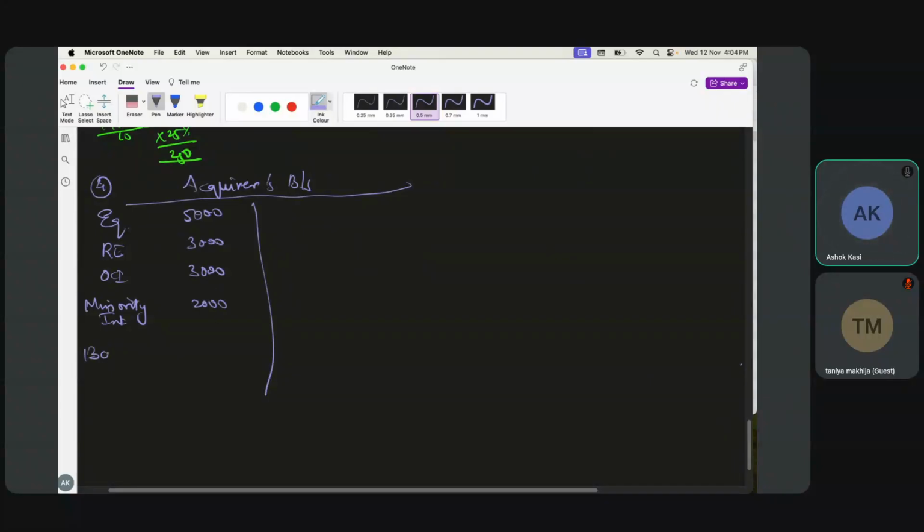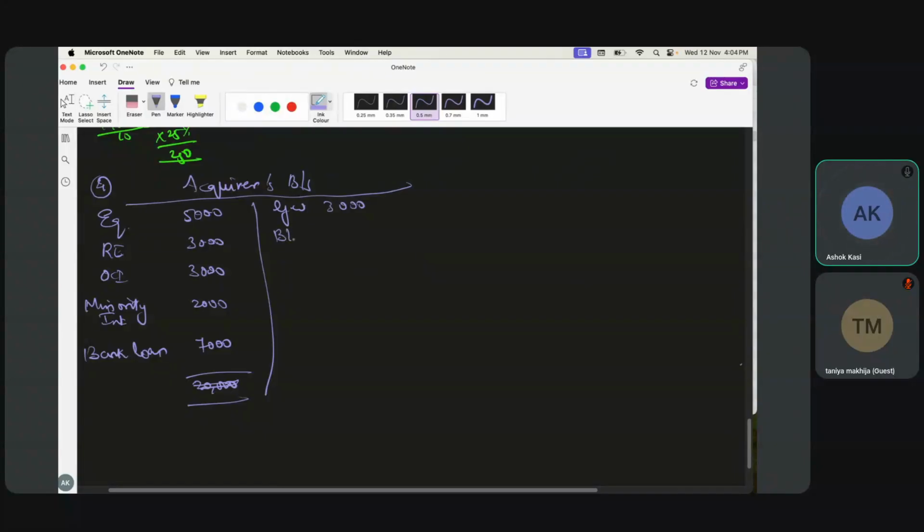Bank loan. Okay. This time I will not add up all this, or it's okay. Now see, goodwill, 3,000.